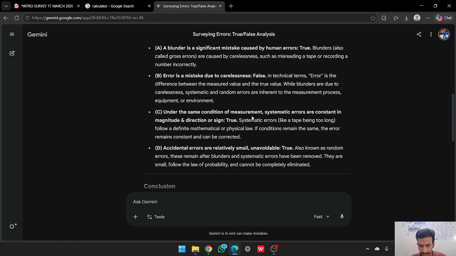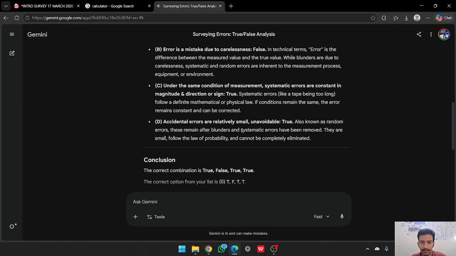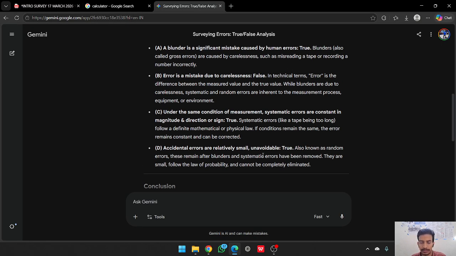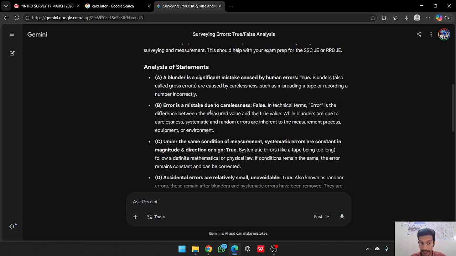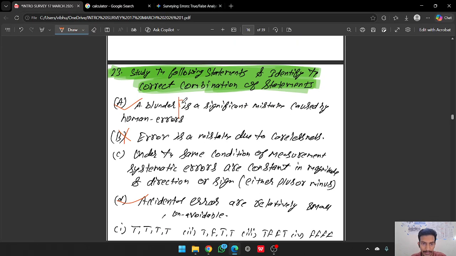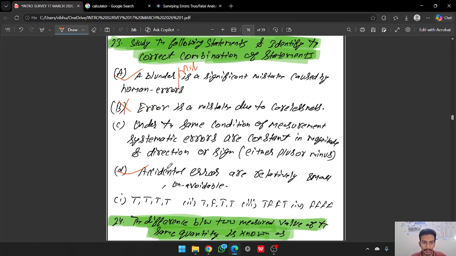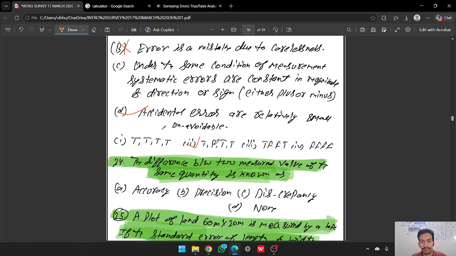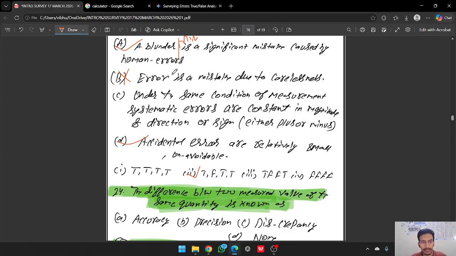Under the same condition of measurement, systematic errors are constant in magnitude and direction. Accidental errors are relatively small, unavoidable: true. Means I was right. Error cannot be due to carelessness. Blunder or mistake is due to carelessness. So option B will be correct: true, false, true, true.